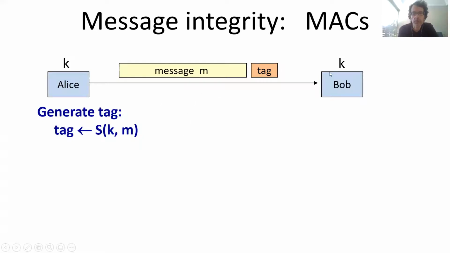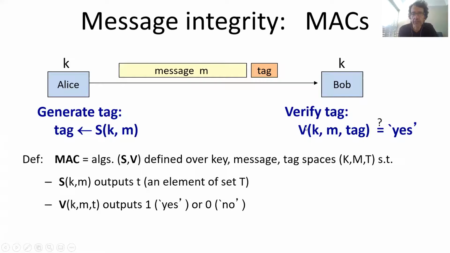So this MAC has two algorithms: sign and verify. The receiver uses the verify algorithm with the same key, the message and the tag, and this outputs yes or no, 0 or 1.